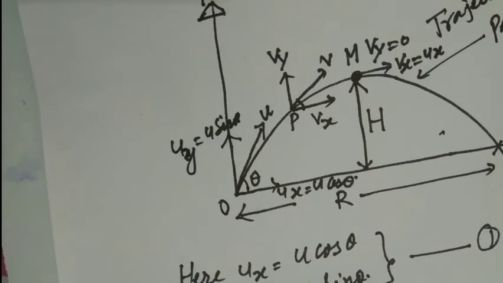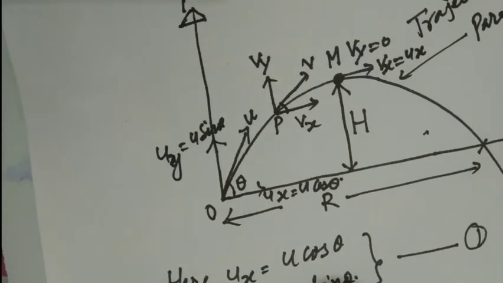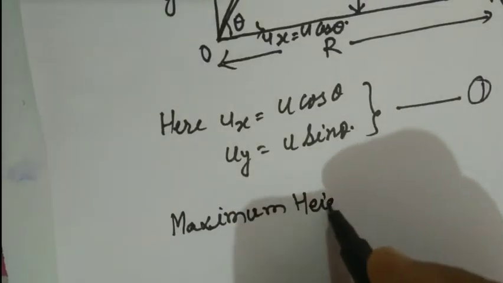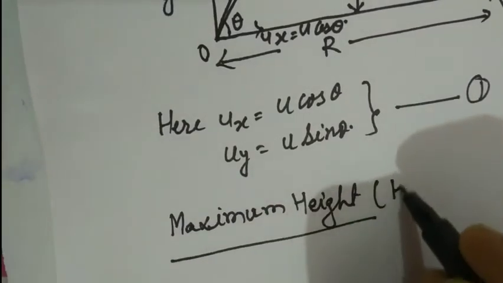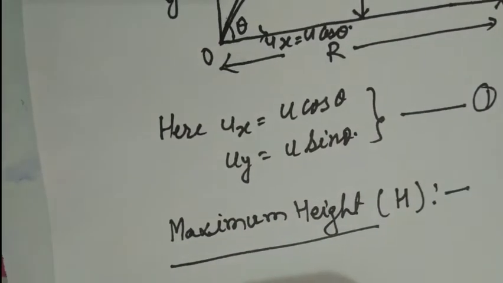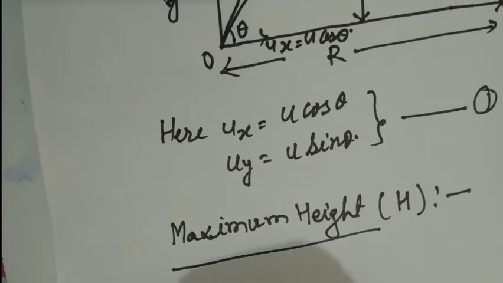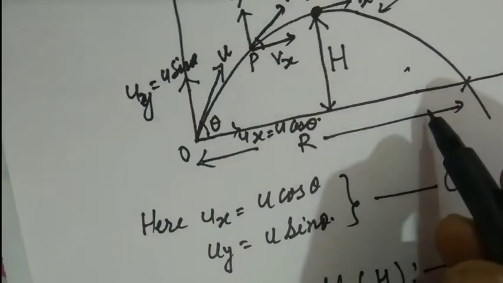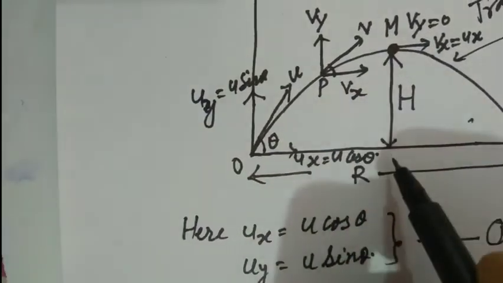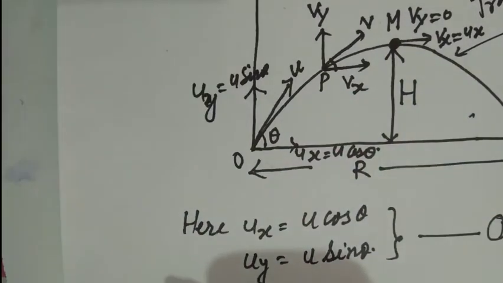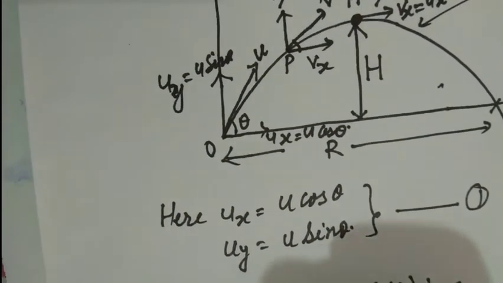How can we calculate it? Maximum height means along the x-axis and y-axis: along the x-axis is the horizontal distance, but along the y-axis we can find the maximum height.